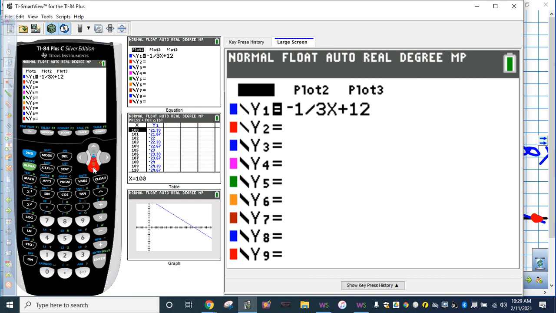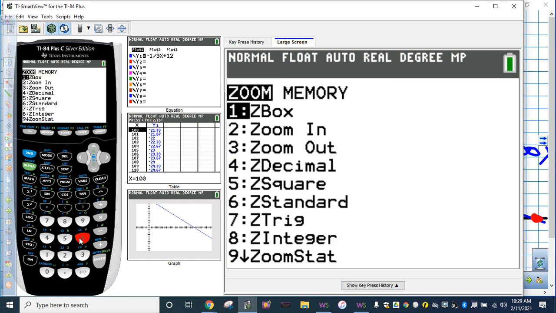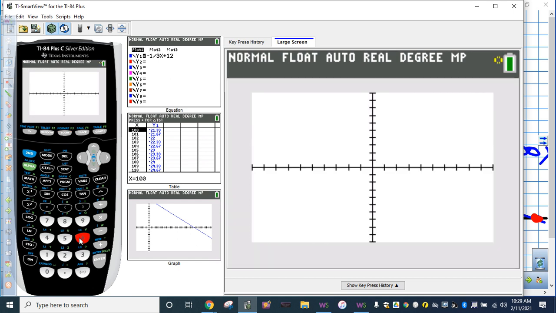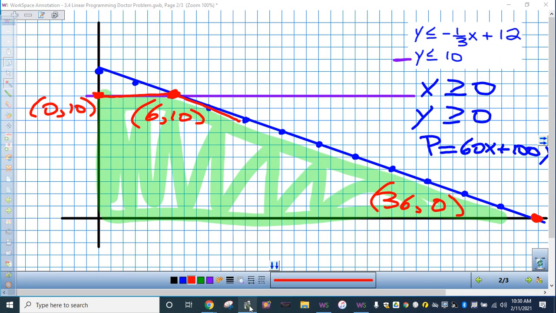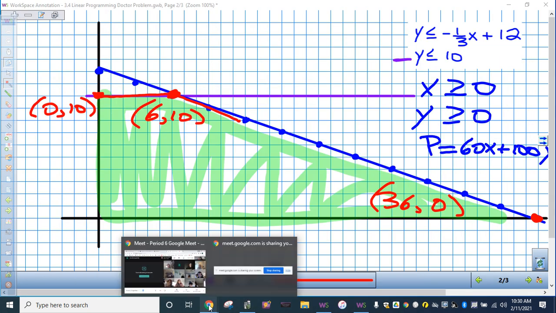So if we are in a regular window, hit zoom 6. That's all the graph you can see if we do zoom 6, just that tiny little thing in the corner. So we have to adjust our window, right? Because if we look at our graph over here, it hits over there at 36, 0.